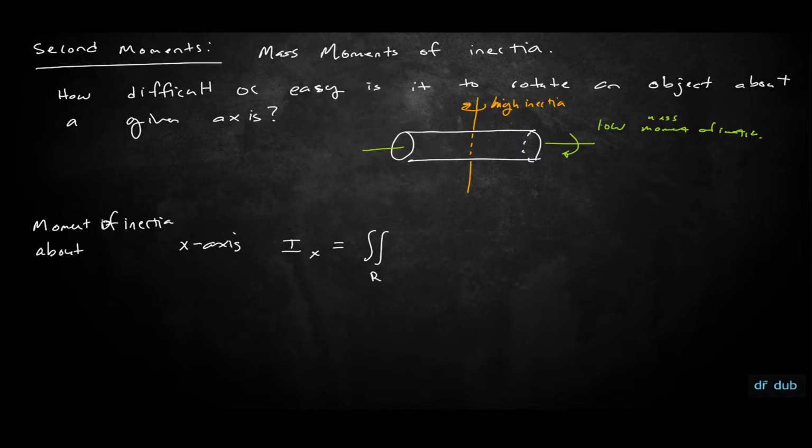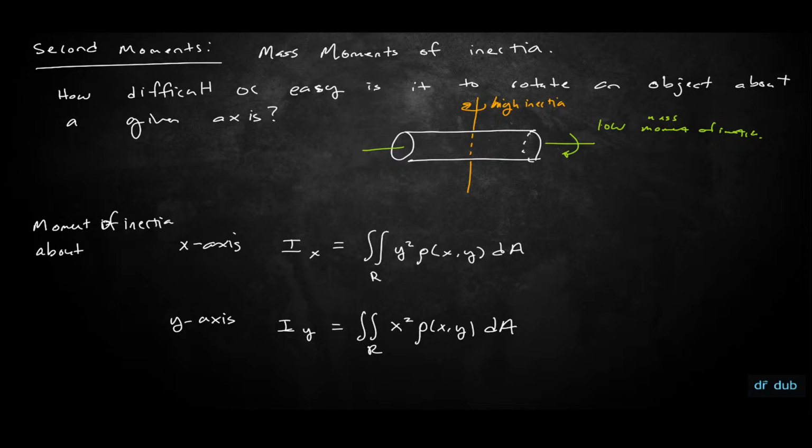So double integral over R of y squared rho of xy dA. And the moment of inertia about the y-axis is going to be concerned with how the mass is distributed in the x direction. So I sub y is going to be double integral over R of x squared rho of xy dA.